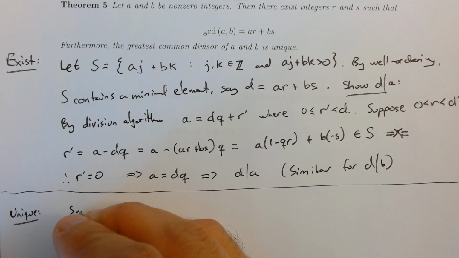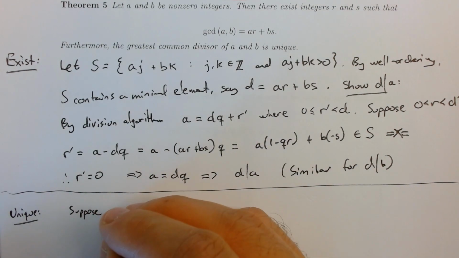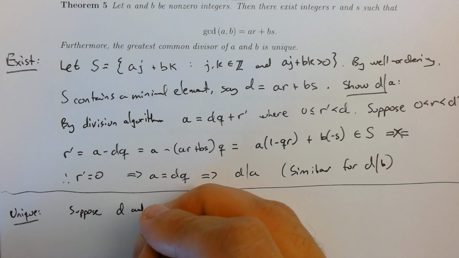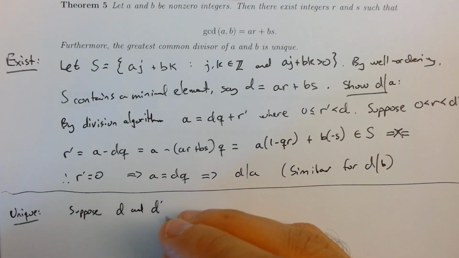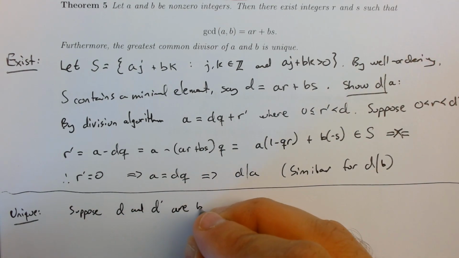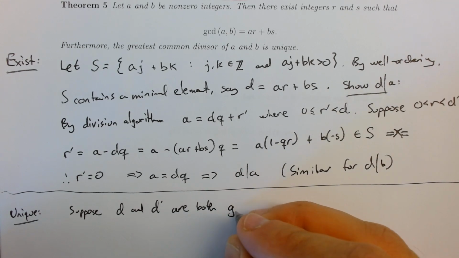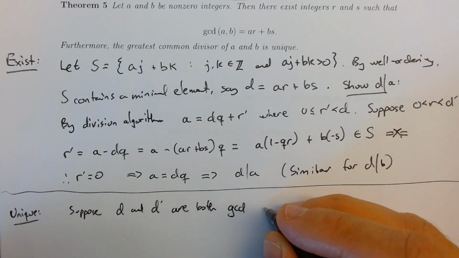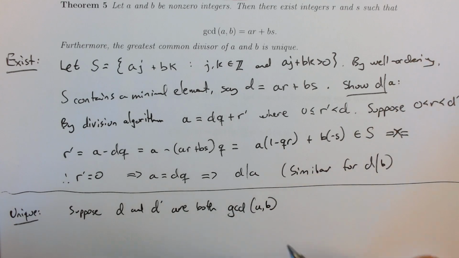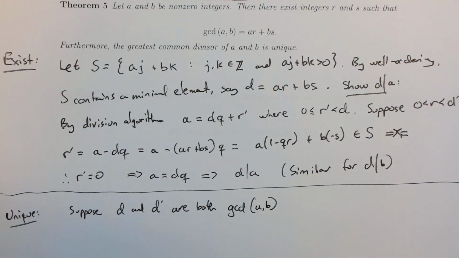So suppose D and another, D prime, are both greatest common divisors of A and B. That sounds silly to say, but at the moment we don't know that a greatest common divisor is unique, so there could be more than one. So saying two things are greatest common divisors is fine. But we will show that it is actually unique.